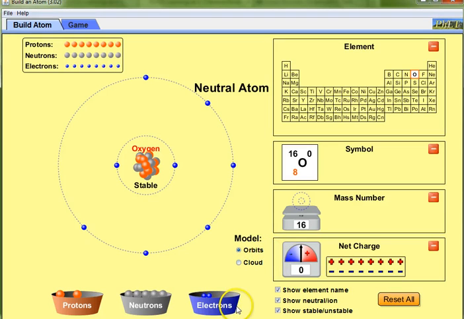Six electrons. Okay, how many electrons would it require to gain stability? Two electrons. How many electrons would it require to lose to gain stability?